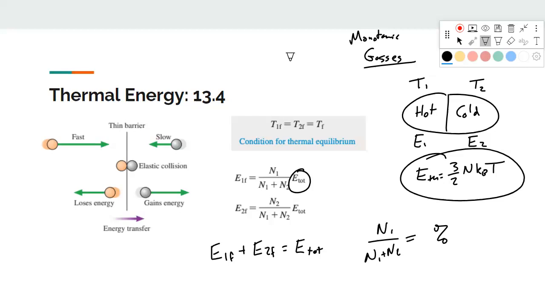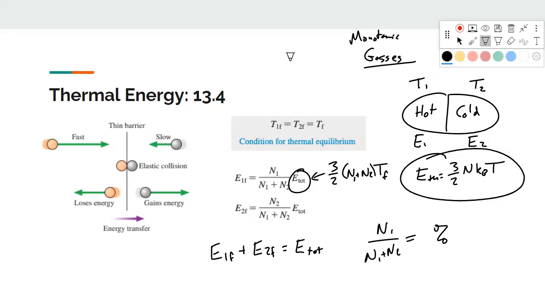Yeah, so usually you'll be asked something like, how much heat is transferred from the hot side to the cold side? And then what's the final temperature of the two systems? And so to do that, you can replace this E total with, if they're both monatomic gases, 3/2 times N1 plus N2 times that final temperature.